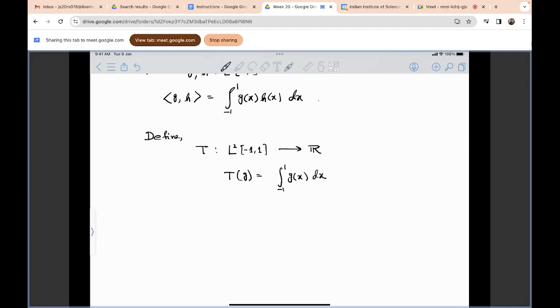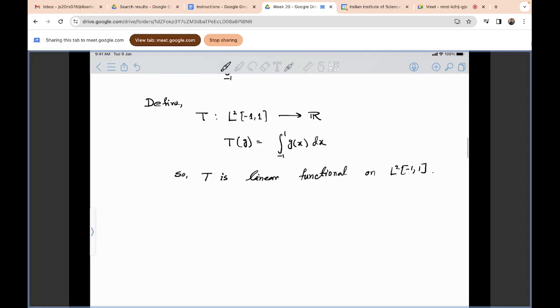Because g is in L2, it is in L1, so this is well defined, it is integrable. So this gives some finite number, and this is obviously linear. So T is a linear functional on L2 of minus 1 comma 1.